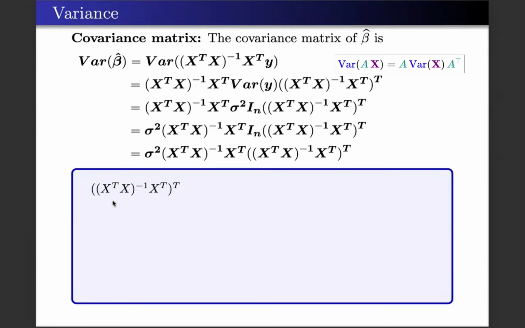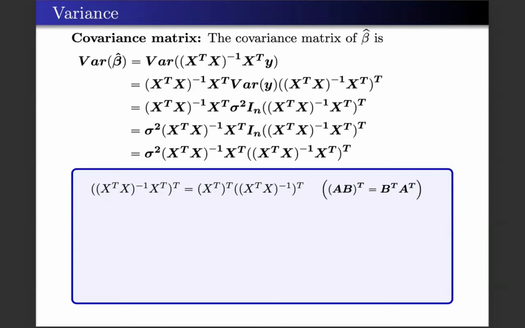We have ((X transpose X) inverse X transpose) whole transpose. Here we have the transpose of a matrix product of (X transpose X) inverse and X transpose. So we use a property of transpose, that (AB) transpose is equal to B transpose A transpose, and using this property we have (X transpose) transpose multiplied with the transpose of (X transpose X) inverse.